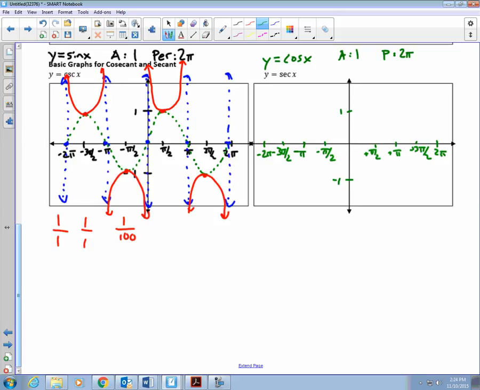Does cosine start at the max, min, or at 0? It starts at the max in this situation. And then it will go down from there. So I'm sketching this ghost graph. It isn't the actual graph.